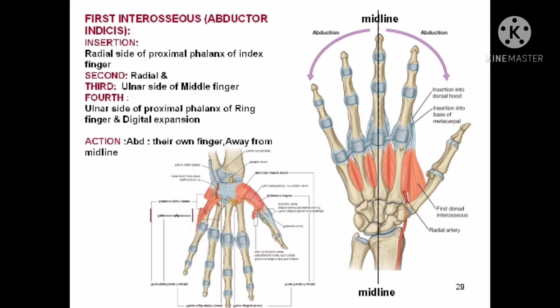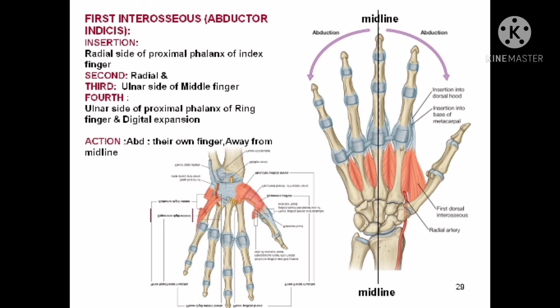The first interosseous is the abductor indicis, inserting on the radial aspect of the proximal phalanx of the index finger. The second is on the radial and the third on the ulnar side of the middle finger.